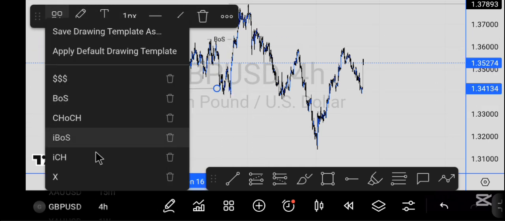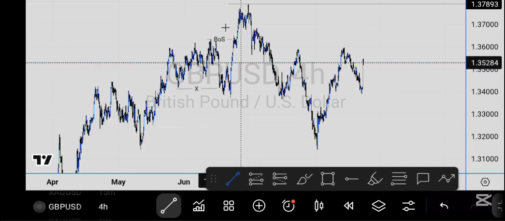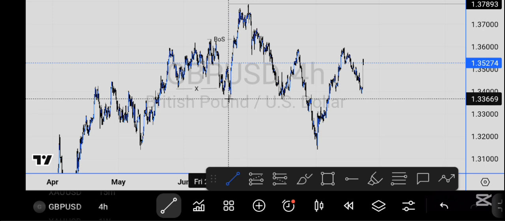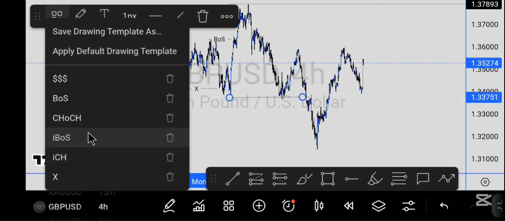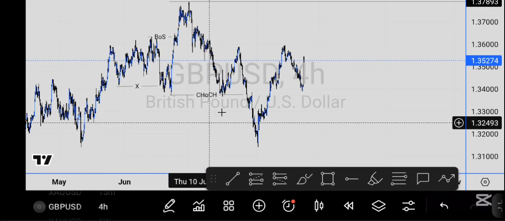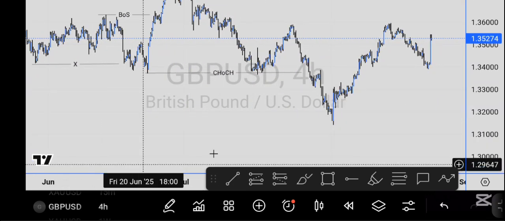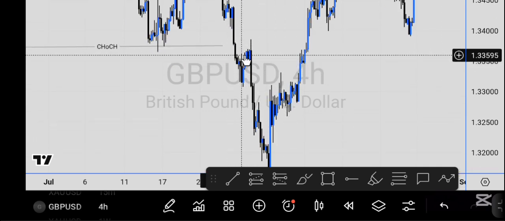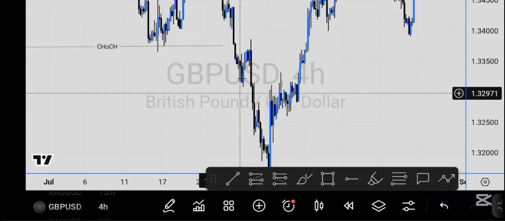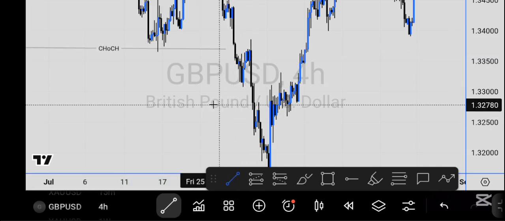This inducement. So then we have this low. Since this is our break of structure, once price breaks this low, it becomes our change of character. So this is our change of character. Then as you can see, if we zoom in right here, we see that price gave us an inducement right here, and we had another break of structure here.